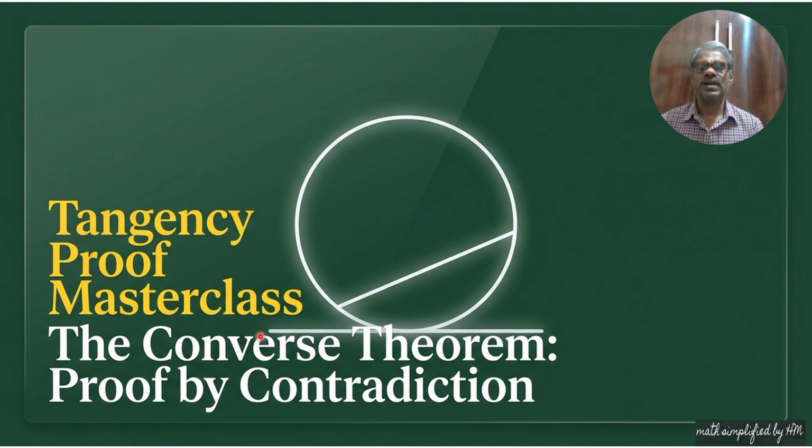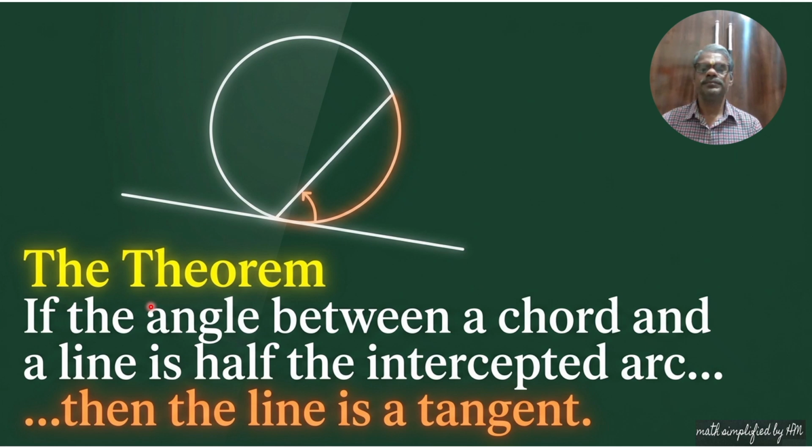Tangency Proof Masterclass, the Converse Theorem, proof by contradiction. The theorem: if the angle between a chord and a line is half the intersected arc, then the line is tangent.